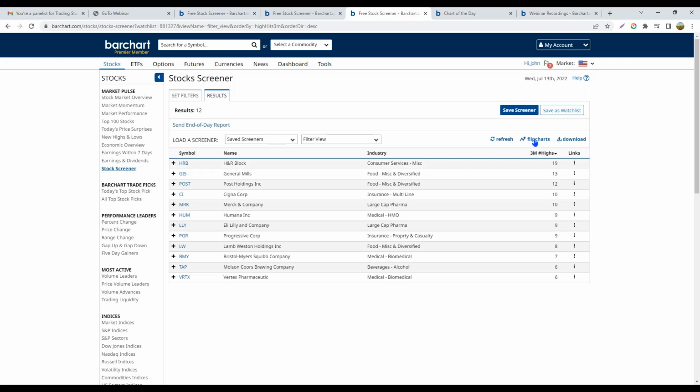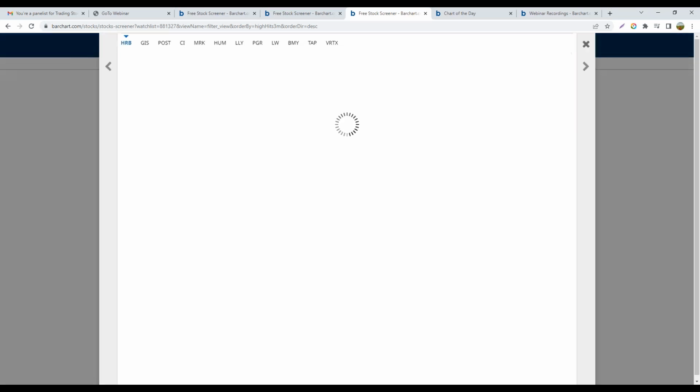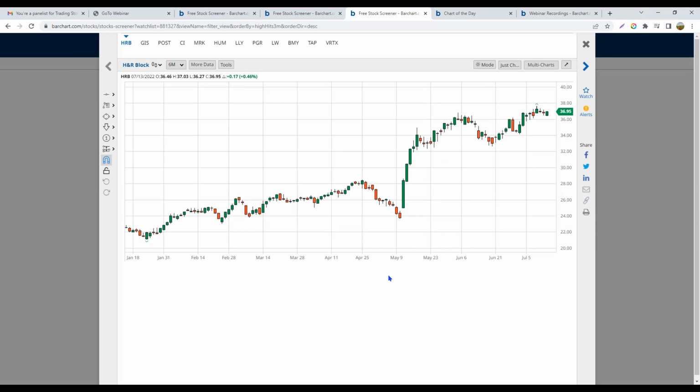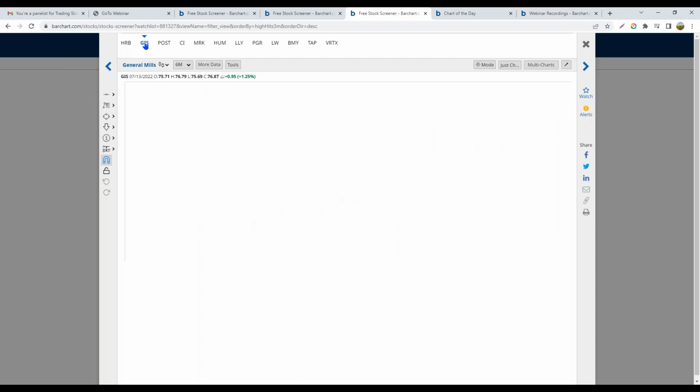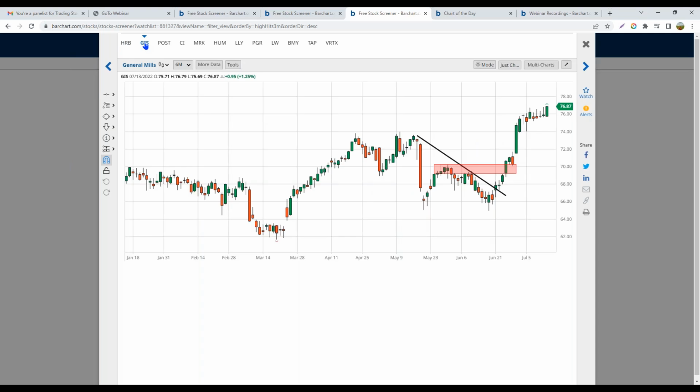And if I look at my charts, again, here is H&R Block, and you can see since January, this stock has moved from $22 to $36. That's a nice price performance, and really it's accelerated since about May. If we look at General Mills, the only stock that is making a new 52-week high today, or excuse me, a year-to-date high, again, another stock that has been trending pretty nicely.